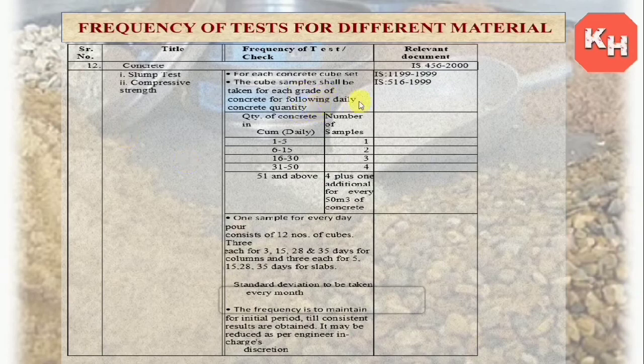Then for compressive strength, as mentioned, per cubic meter: 1 to 5, 1 sample; 6 to 15, 2 samples; 16 to 30, 3 samples; 31 to 50, 4 samples; 50 and above, 4 plus additional 1 sample per 50 cubic meter. This is as per IS 456 2000, IS 1199, IS 516 1999.